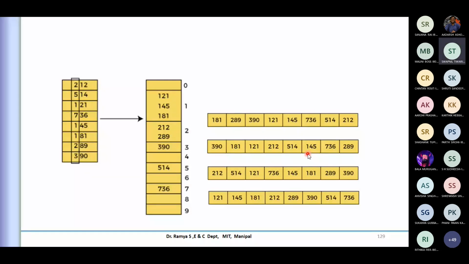Are you confident to do it for any other number system, say octal? How many buckets will I require for that? Ma'am, can you repeat the question?